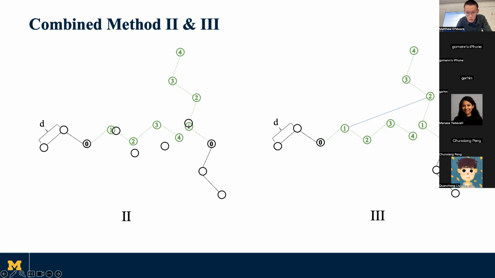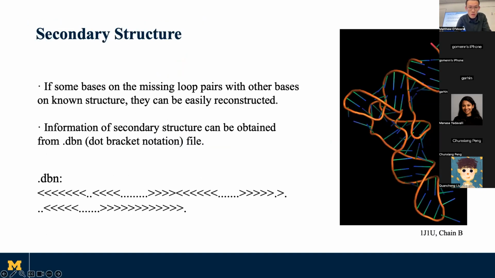So let's move on to the next slide. We can usually find many secondary structures in RNA structures, and here is an example of RNA. It has many secondary structures. If one of them is lost, then we can easily reconstruct it with base pairs.